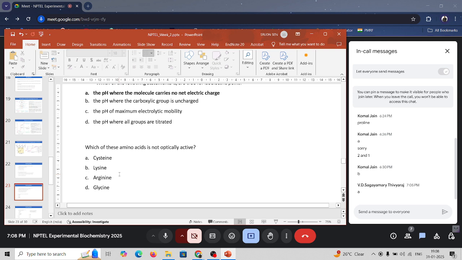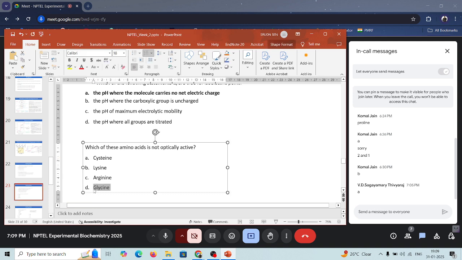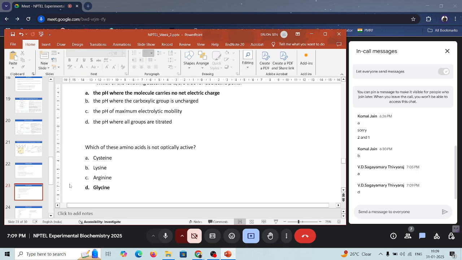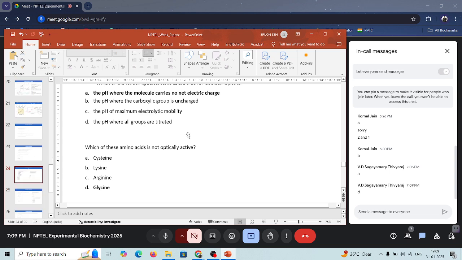Which of them is not chiral, or not optically active? We have only one amino acid that is not chiral. Identify that. It's glycine, right? It's glycine. Fine.